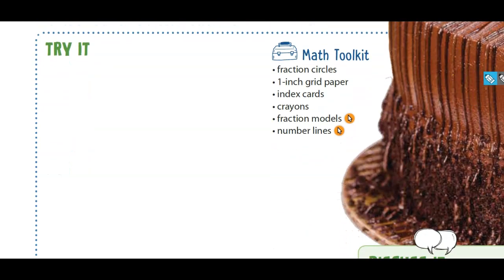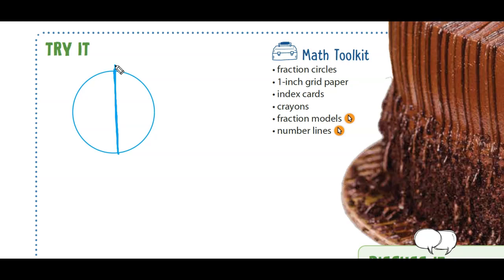So, most cakes are round, okay? So let's say that's, here's our example. So half, right? They want to know what is half of the fourth that she made, right?